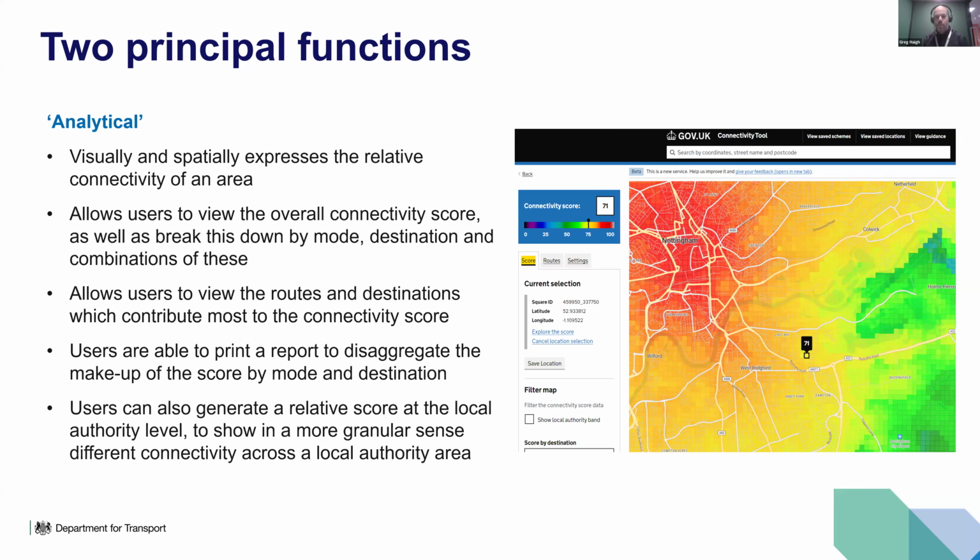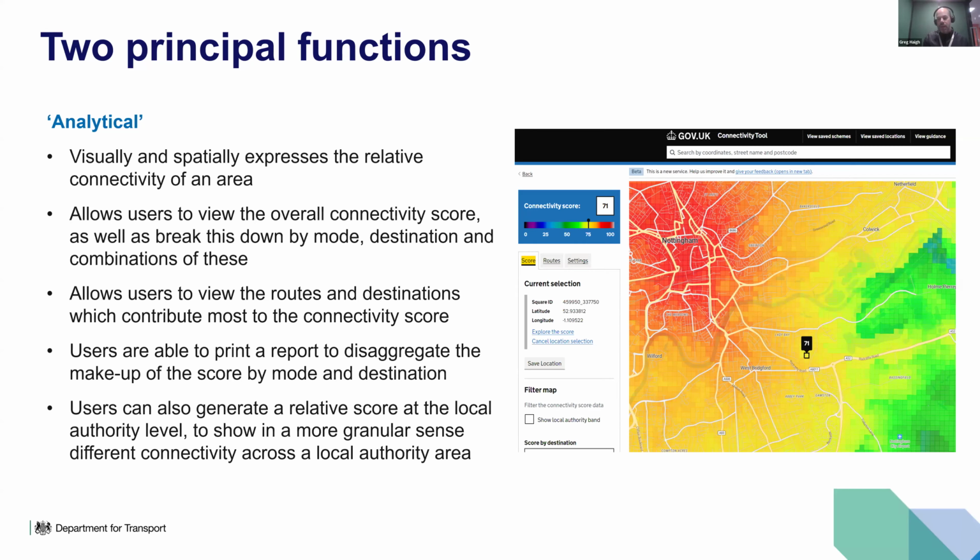Okay, so the tool has two principal functions. The first we refer to as the analytical function, and this provides you with the ability to explore different areas and assess the relative levels of connectivity compared to other places. It also allows people to investigate the overall connectivity score and break down by modes and destinations. It also provides some intuition around the routes that contribute most to the connectivity score for a given area.